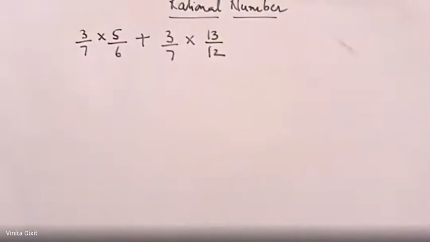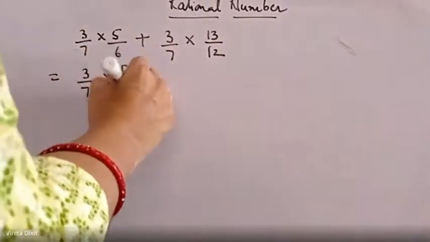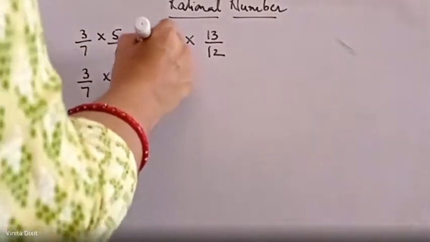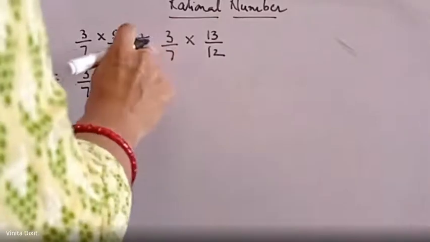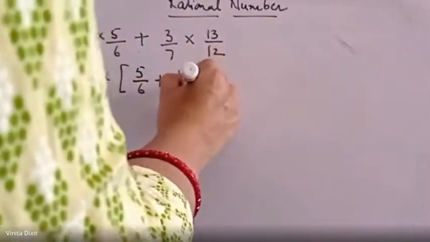Okay. So in distributive law, what do we do? We take 3 by 7 common. Inside you are left with 5 by 6, this sign in between, and you are left here with 13 by 12.